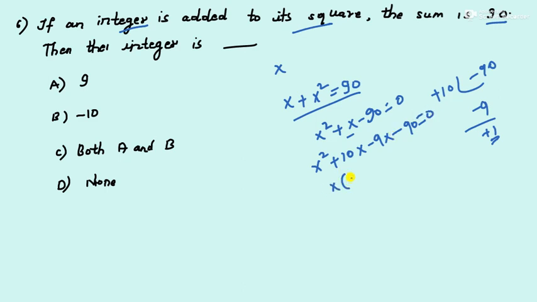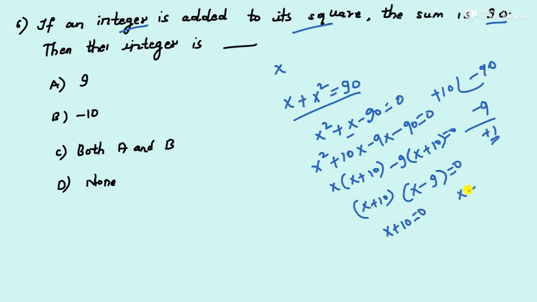When you solve, this becomes x plus 10 minus 9 into x plus 10. So x plus 10 is common. If I take it out, I get x minus 9 equals 0. So here x plus 10 is 0 and here also x minus 9 is 0. So while solving, we'll get these two, minus 10 and 9.